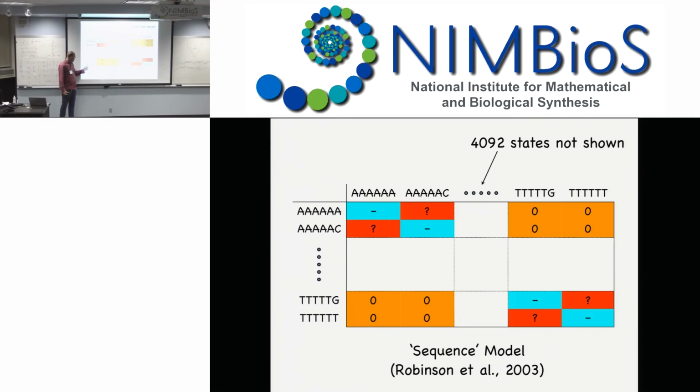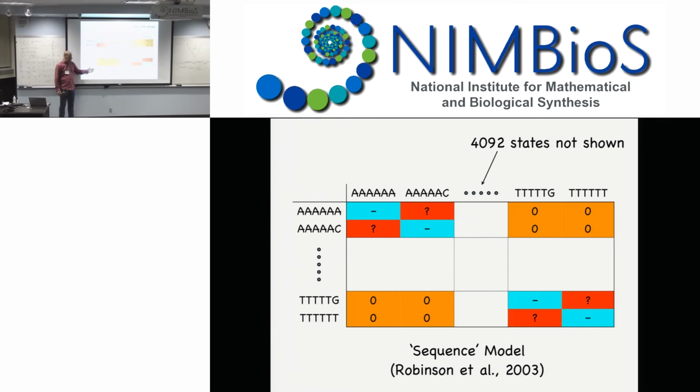So for instance, we can go from T, T, T, T, T, T to T, T, T, T, T, A. That's allowed, right? So how many such sequences are there? Each one of these positions you can change to 3 places, so we have 3 times the sequence length, or 6, 18 entries that are non-zero. All the other entries are 0, but only 18 are not.